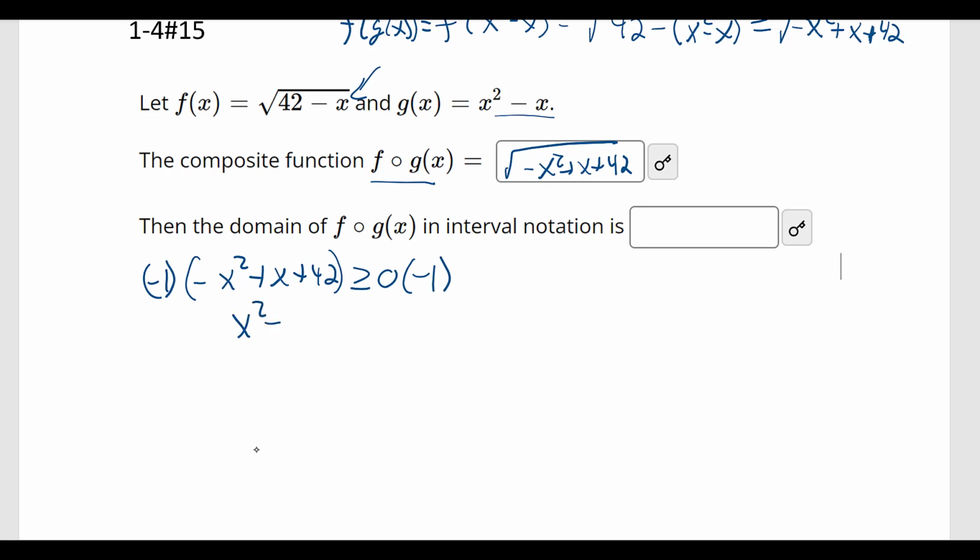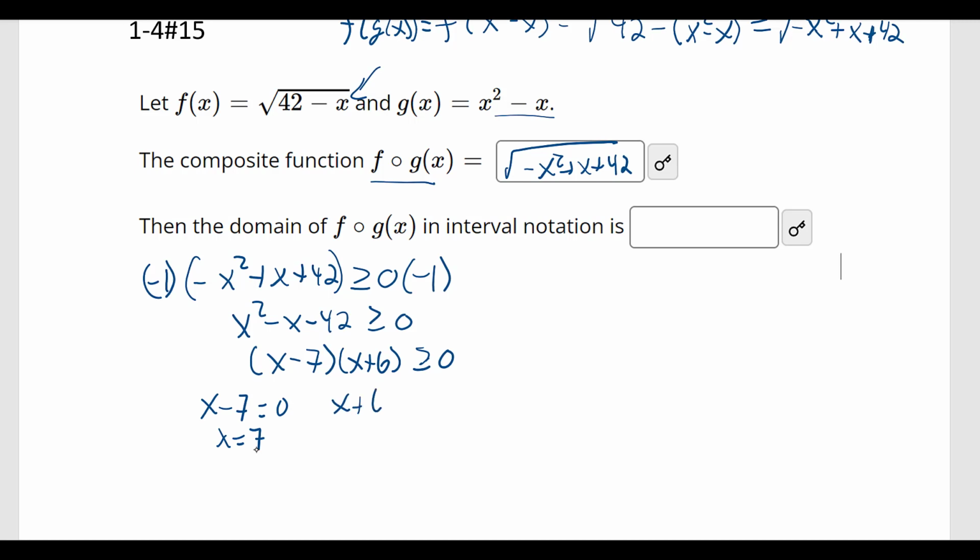So it's x squared minus x minus 42 is greater than or equal to 0. And so that factors to be x minus 7 times x plus 6 greater than or equal to 0. Now if I want to find those zeros, x minus 7 equals 0, so x equals 7, and x plus 6 equals 0, so x equals negative 6.